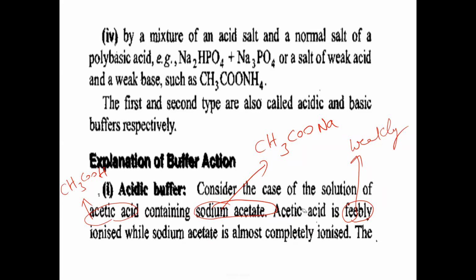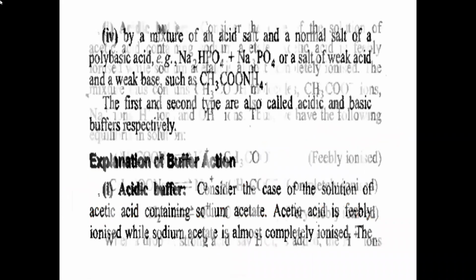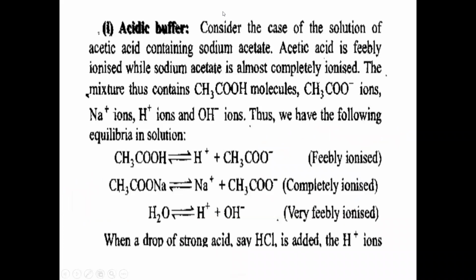Acetic acid is a weak acid, so it is incompletely dissociated. Sodium acetate is a salt, that's why it is almost completely ionized. So in an acidic buffer, the weak acid will be along with its salt with a strong base.